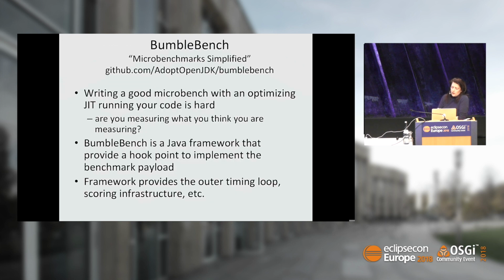And the other thing that was open sourced recently as well is Bumblebench. So micro benchmarks typically aren't the easiest thing to write or to write well. Bumblebench is actually a tool that had been used a lot by the JIT compiler team in Toronto, and it has some features that make it really easy to write a benchmark and then very easy to run a benchmark.